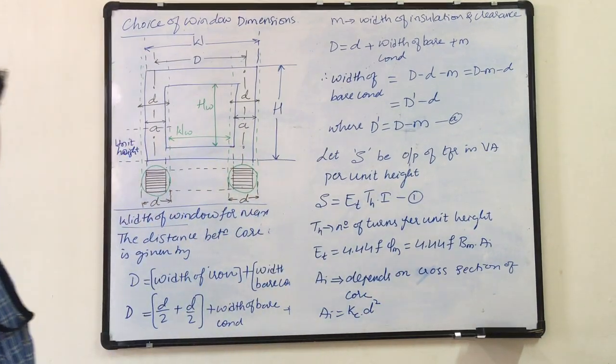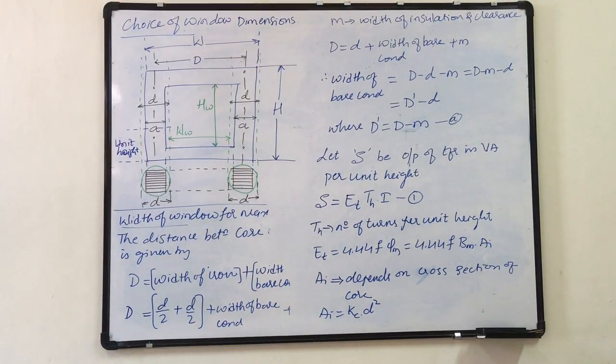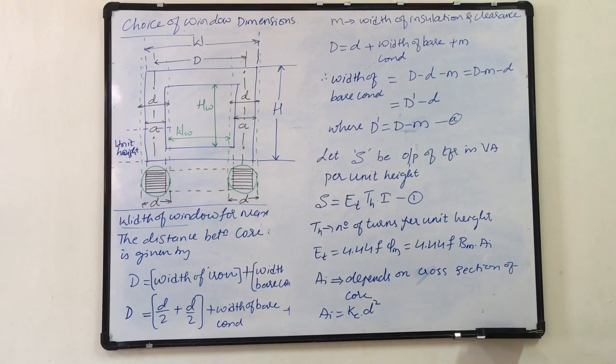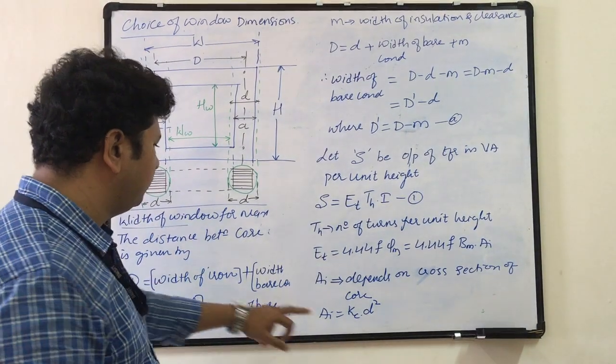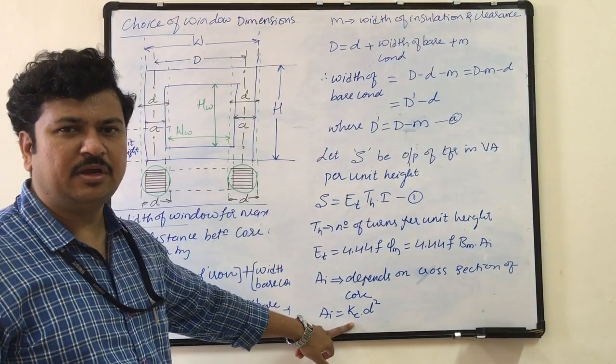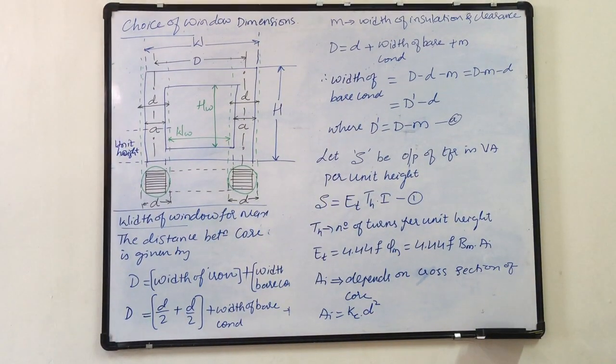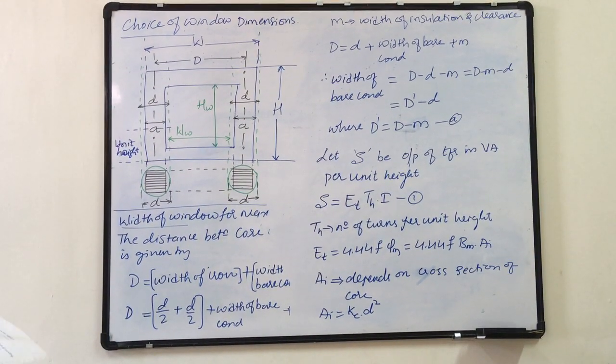That Kc be the factor taken depending upon my number of steps. If it is square, single step, 0.45. If it is 2 step or cruciform, 0.56. If it is 3 step, it is 0.62 and so on. So AI is equal to Kc into d square.